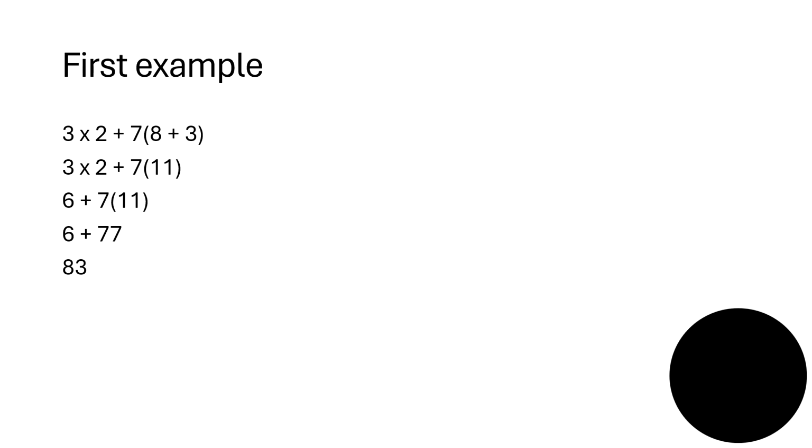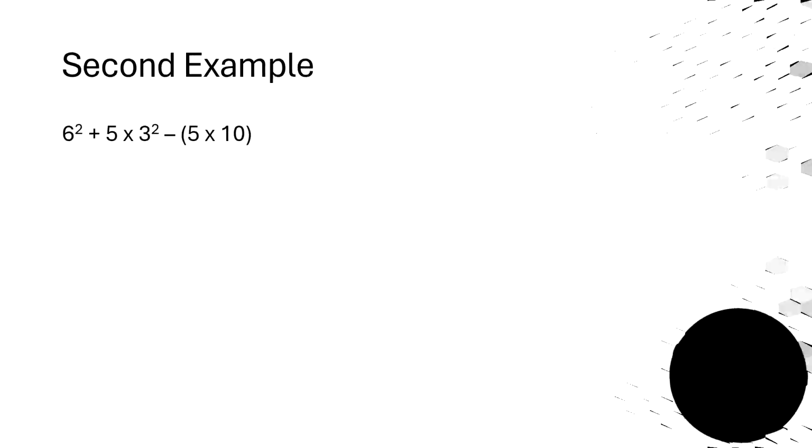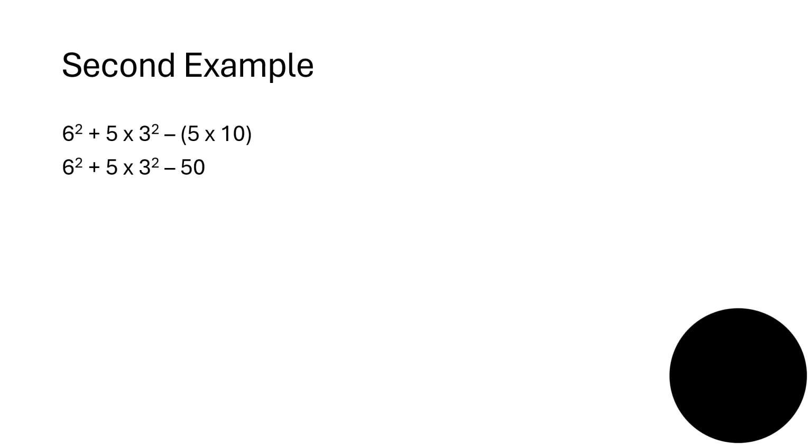Our second example is 6 squared plus 5 times 3 squared minus 5 times 10 in parentheses. We do the parentheses first, and the 5 times 10 in parentheses turns out to be 50.